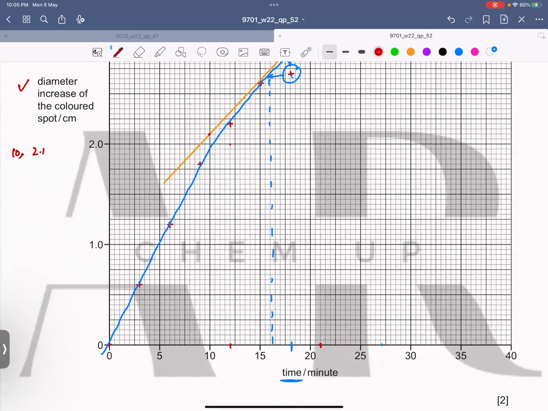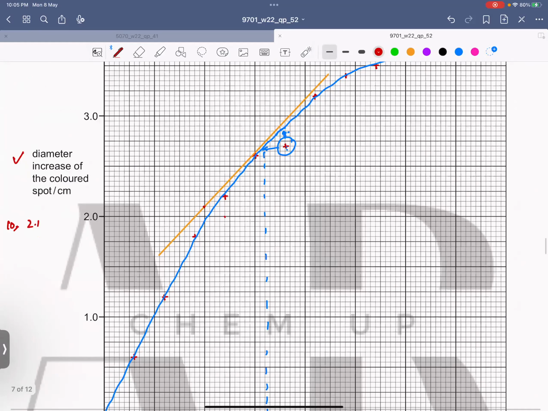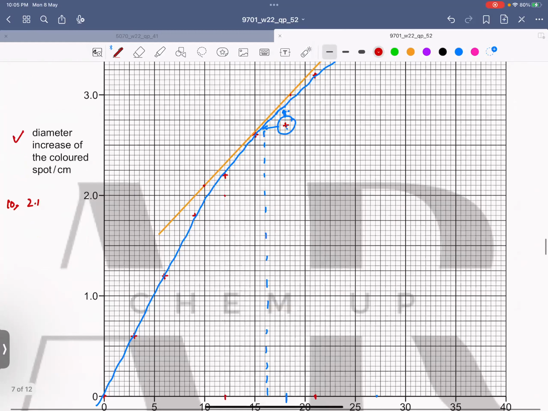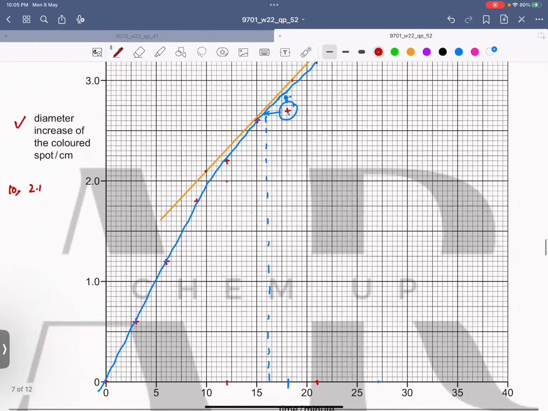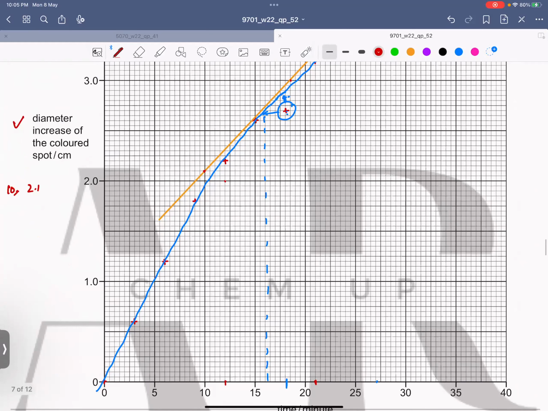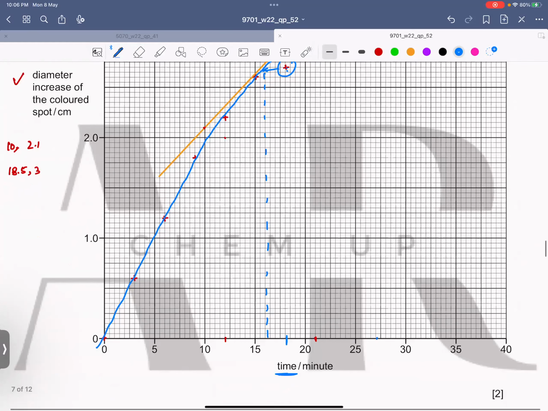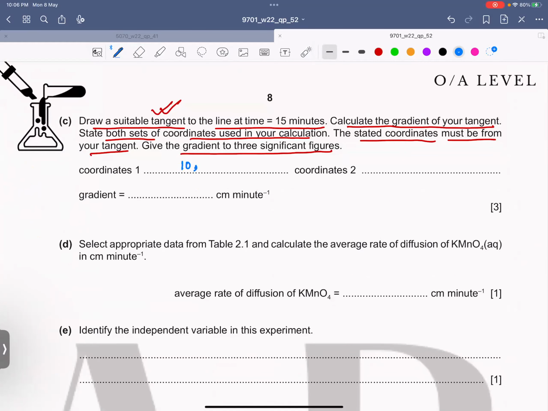And let me take this one, 3 and 18.5. So 10 and 2.1, 18.5 and 3.